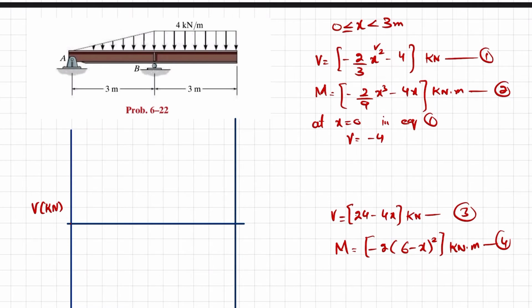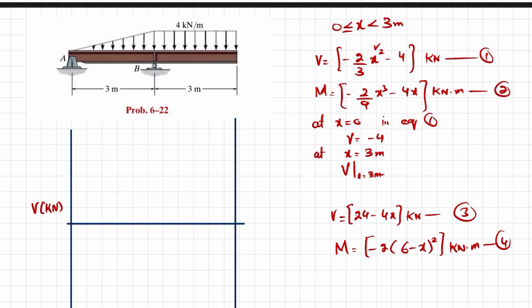Now at x is equal to 3 meter, the shear force slightly on the left side.